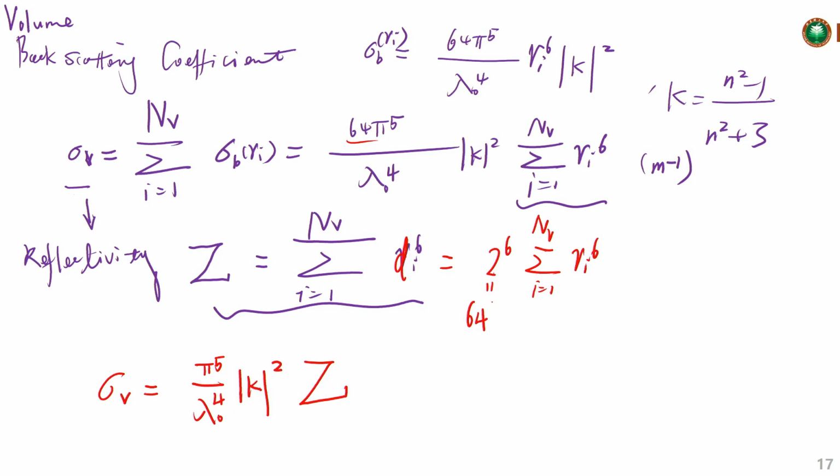So we get the expressions for the relationships between the radar cross section and, for meteorological radar systems, the reflectivity.